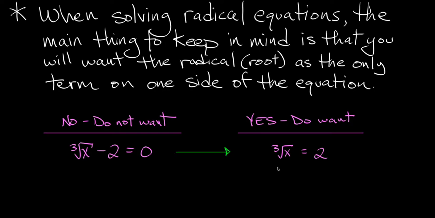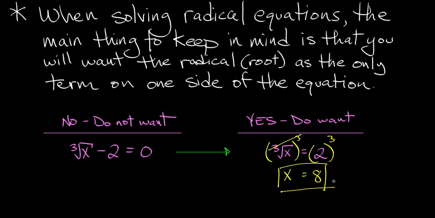So my guess is that would have been fresher on your mind. So we cube both sides. Okay? And then the cube root and the cube cancel each other out, and it leaves just the x. So the answer is 8. So the equation on the right is definitely pretty easy to solve.